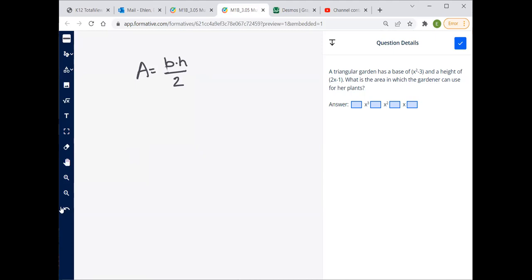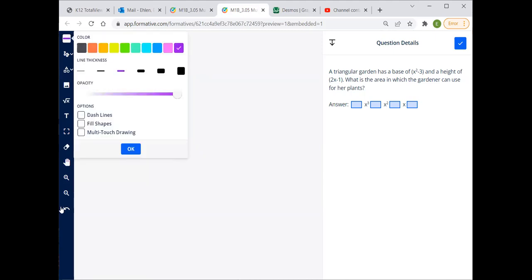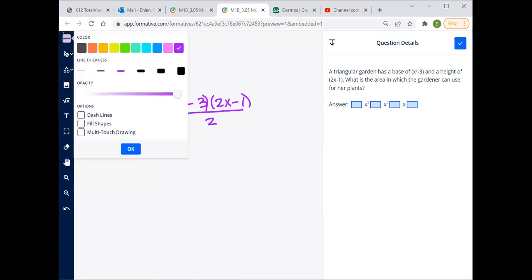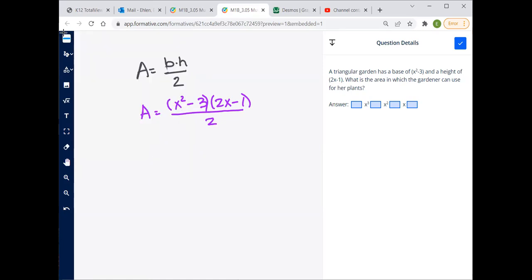So if you put that into the context, we know that the base is x squared minus 3, and the height is 2x minus 1, and that's going to be put all over 2. So we need to do our double distribution.